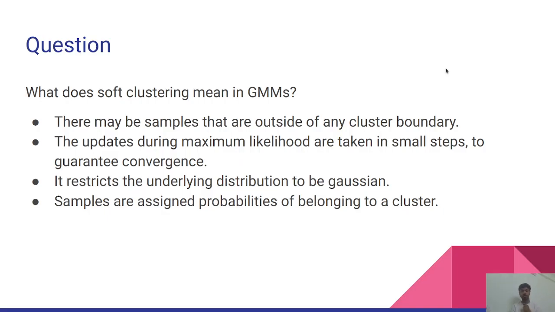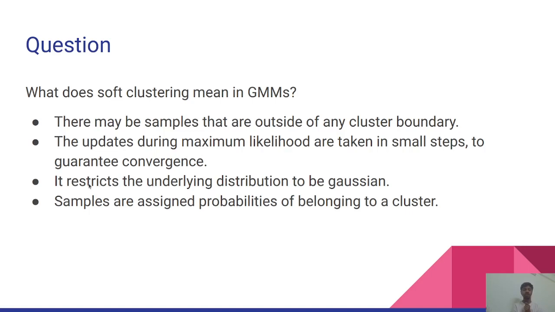So we have four options. The first question is what does soft clustering mean in GMMs, and we have four options. First option is that there are some samples that are outside a cluster boundary, and those samples we call soft clustering. Second option is that the updates during maximum likelihood are taken in small steps, and if we take small steps, then it will guarantee convergence, and that method is called soft clustering.